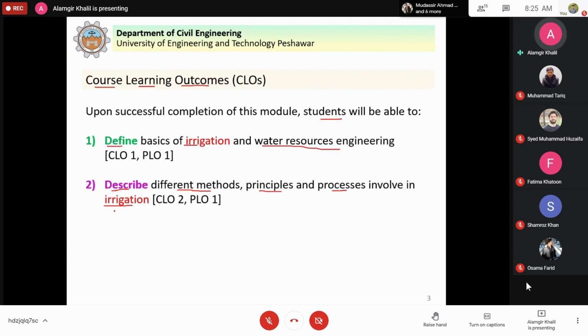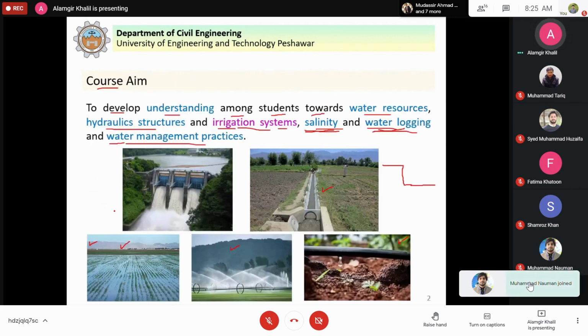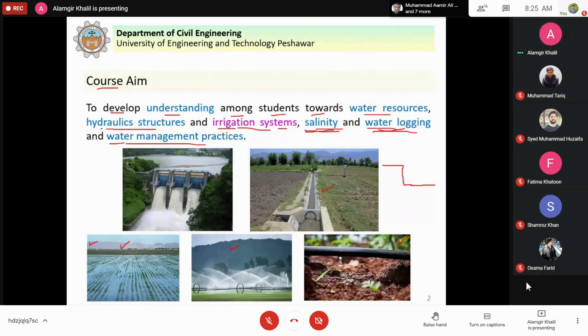In this case, the different hydraulic structures that we have to study, as I explained, in the form of the dams, weirs, barrages, canal outlets, canal falls, cross drainage works.